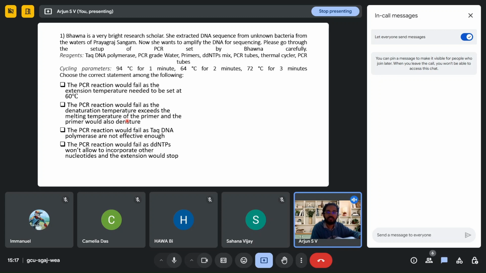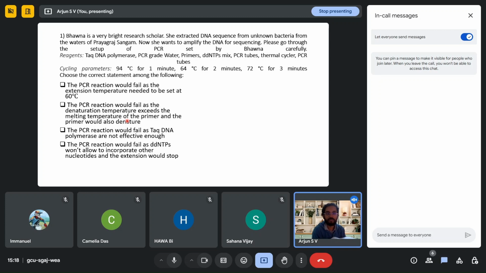So, which option would be the correct option? There is a small error in this question. You need to find that out, and you also need to tell why that will be the answer. We saw in the recap as well what the reagents required are.